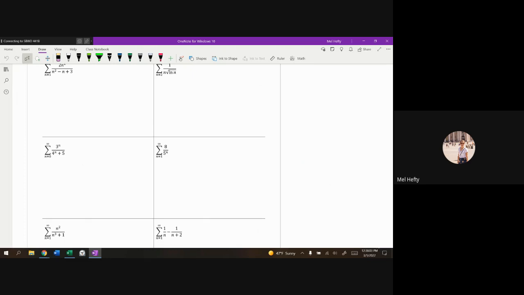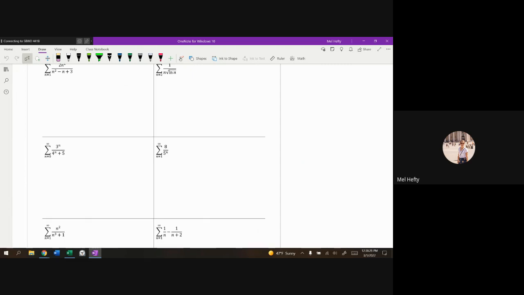Middle left. That one looks kind of like a geometric, or this one might look like a P-series. Personally, direct comparison is not my favorite. Integral test, also not my favorite. Any thoughts on which one might be integral test? Top right. This one looks like it needs U sub, so that is a good thing to use for integral test.